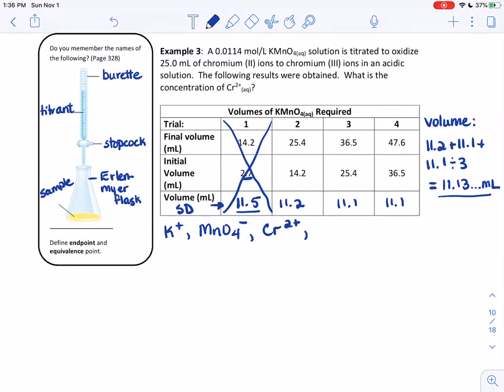I don't have chromium 3+ yet. That's going to be my product, which gives away a little bit what's happening with that chromium. And it's in an acidic solution, and because everything is in a solution, I've got water there as well.